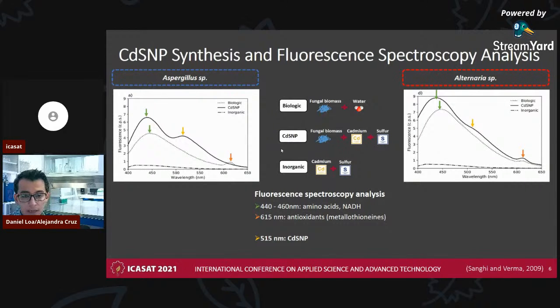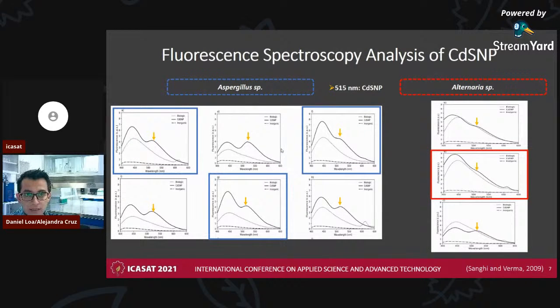Finally, only in the cadmium sulfide nanoparticle reaction, we found the peak at 515 nanometers corresponding to cadmium sulfide nanoparticles.